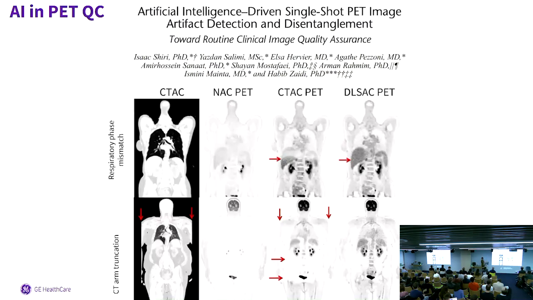For example here, the researchers say, if I'm doubtful about my PET because there's a misalignment or there's truncation, you can use deep learning to generate a fully corrected PET from non-attenuation-corrected PET. Then you can do a side-by-side comparison to see if it's an attenuation or scatter correction problem.